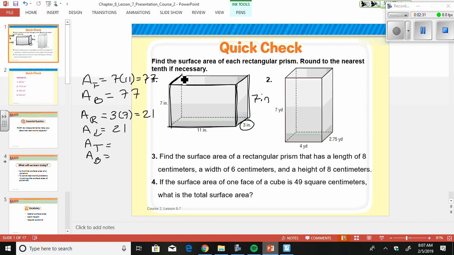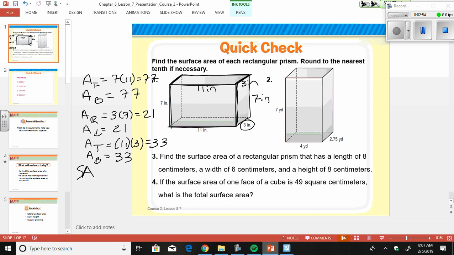So the top is going to be 3 inches here, and then 11 inches on this one, because again, top and bottom have to match. So it's 11 times 3, or 33, and the bottom is the same, and now we add those together. So we get a grand total surface area equal to 262 square inches.